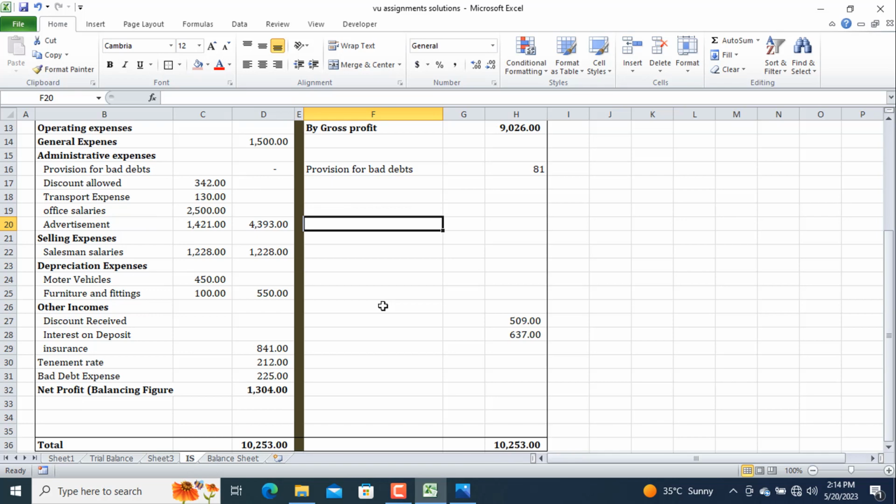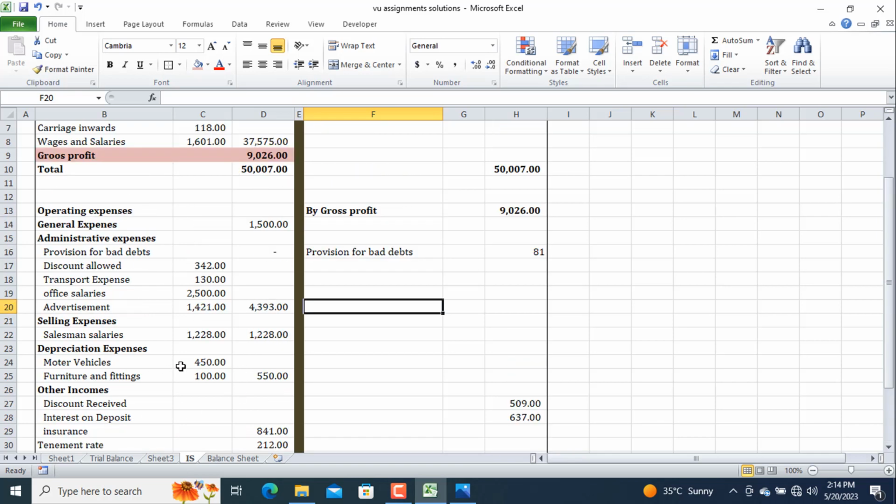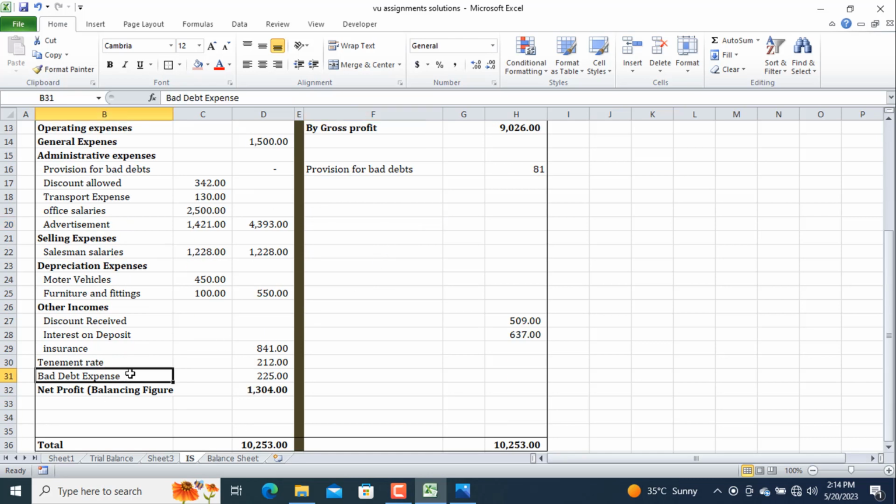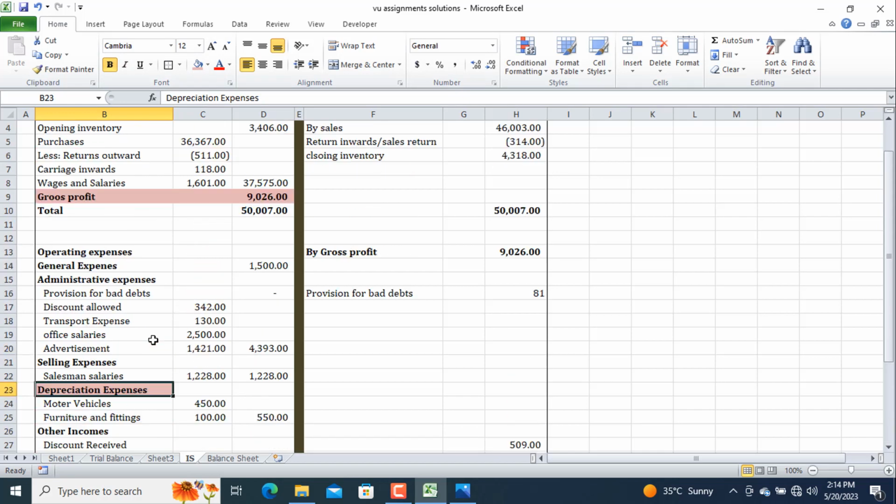So here we have included bad debts expenses. I am going to mention here what I am going to do by coloring it. Insurance I have added here, and there is depreciation expense here.